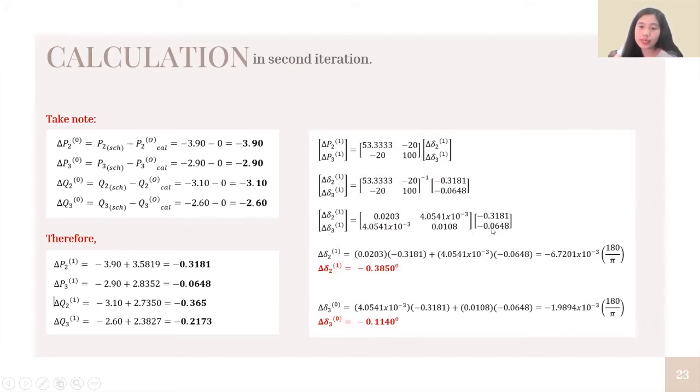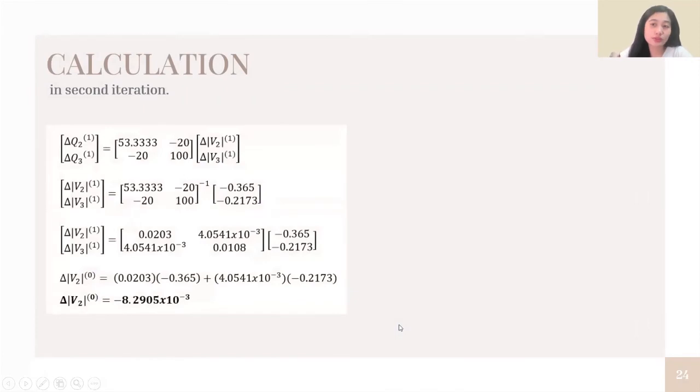This is multiplied by negative 0.0648. And the sum of both will give an answer of negative 1.9894 times 10 raised to negative 3, then multiplied by 180 all over pi, will give us an answer of negative 0.1140 degrees. And with that, we have to solve naman yung sa ating V2.